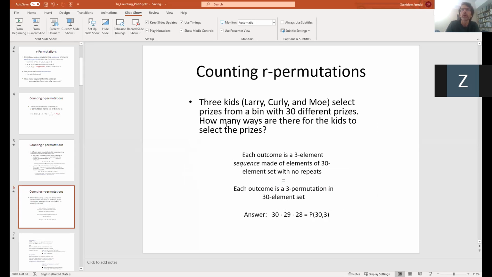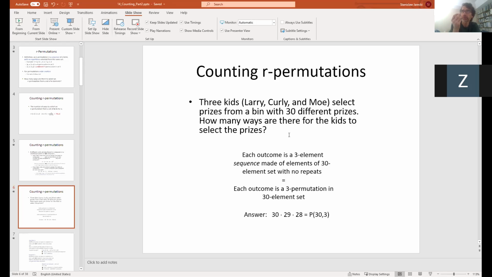So okay, another case. You have 3 kids, Larry, Curly, and Mo, and they select prizes from a bin with 30 different prizes. In how many ways can they select them? So what is an outcome here? It's a selection of a 3-element sequence of prizes from a set of 30 prizes.